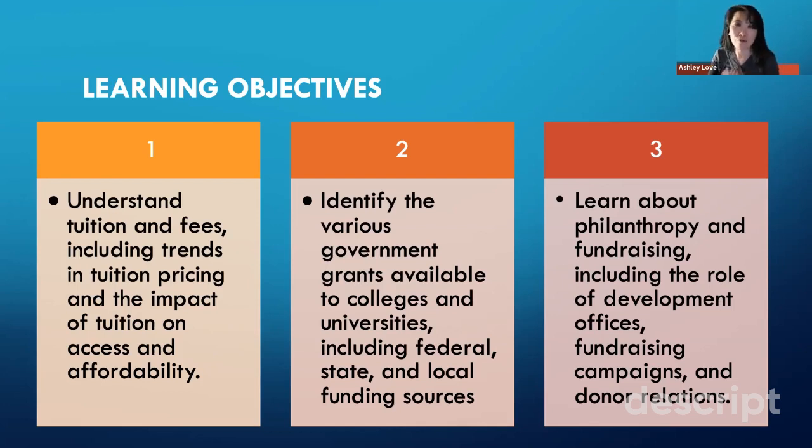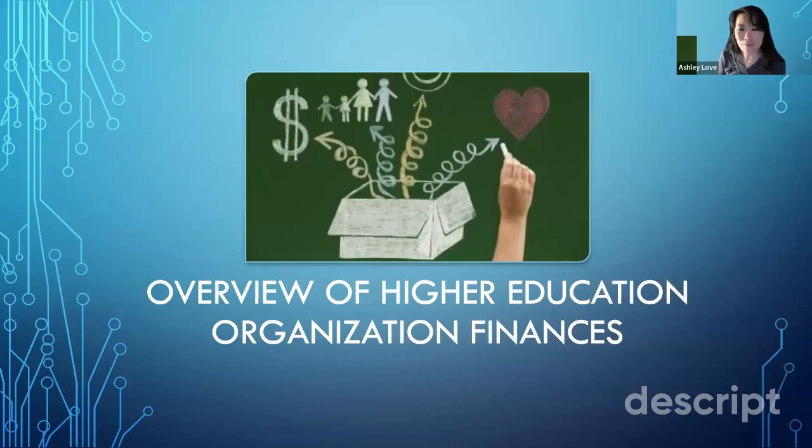And then we have funding that is coming in from outside sources, and also fundraisers to get funding not only from the state or the government, but you also have private donors and also alumni who are very successful donating to the university. So once again, the overview of higher education organization finance.